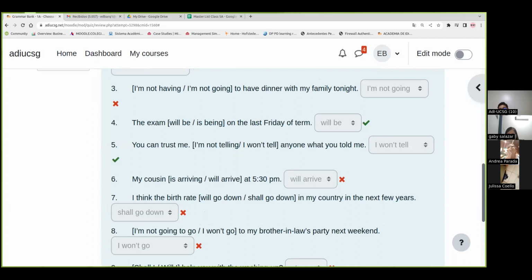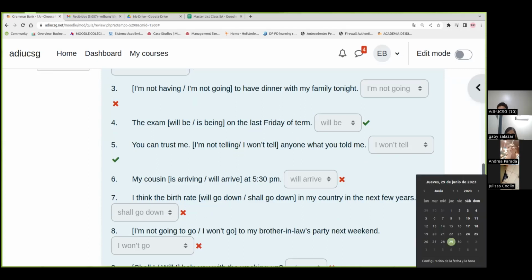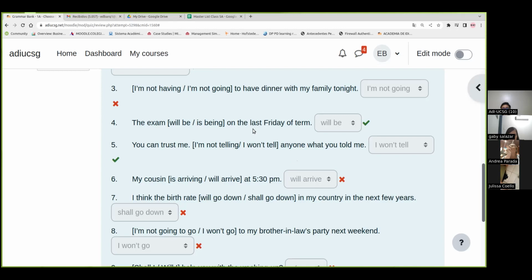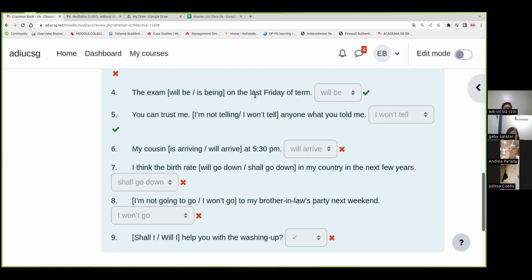I mean, this month, Friday is 30, but next month, Friday will be 28 and so on. So it's a different day. It cannot be considered as specific. I hope this is clear.